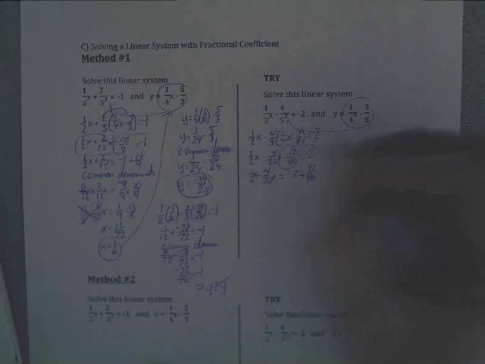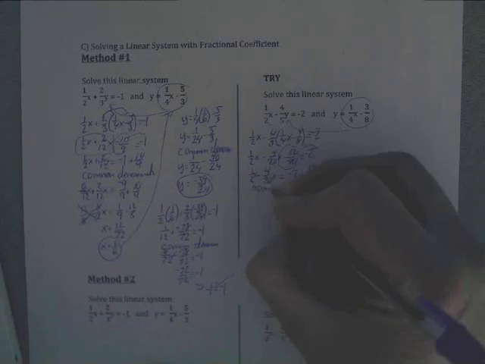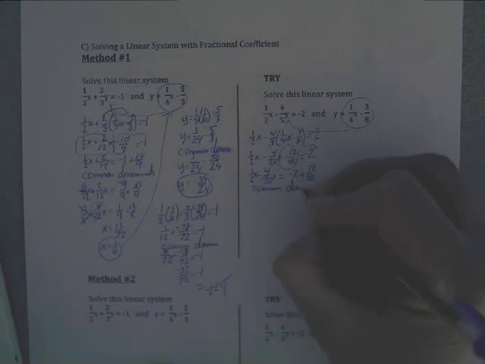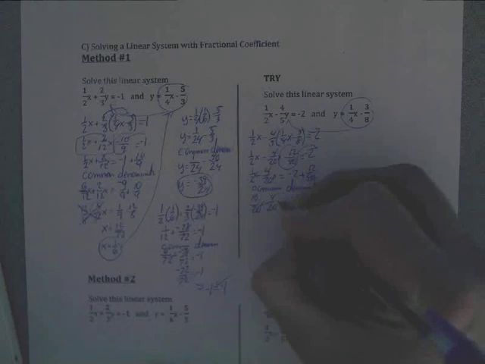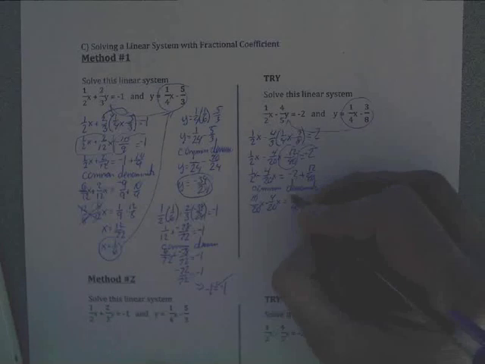Next, common denominators again when you're adding or subtracting fractions. In this case, it's going to be 20. So 2 times 10 is 20, so 1 times 10 is 10. This stays the same because it's already there. And here it's going to be 40, so -2 times 40 is -80, plus 12/40.